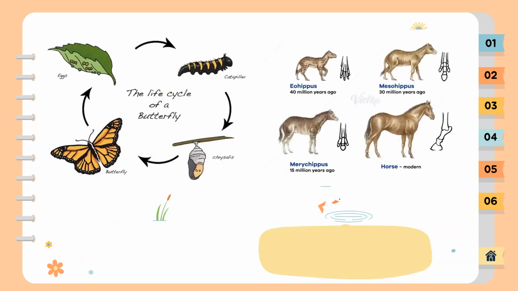And moving on to the next diagrams, as you can see, to the left is the life cycle of a butterfly, and to the right, maybe the growing up of an animal. So I have a question for you. Can you guess what type of diagrams those are? I mean, it is the opposite of a man-made process.